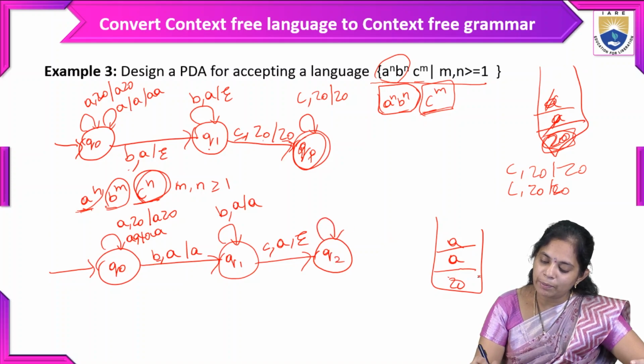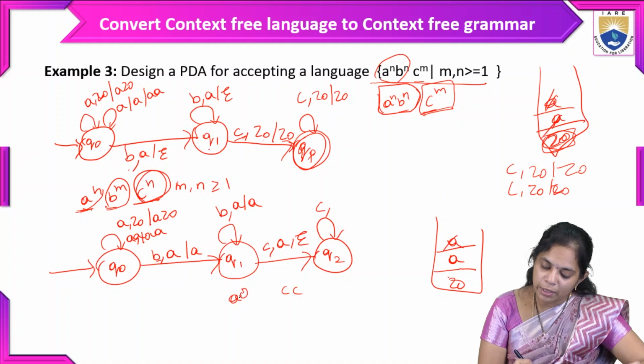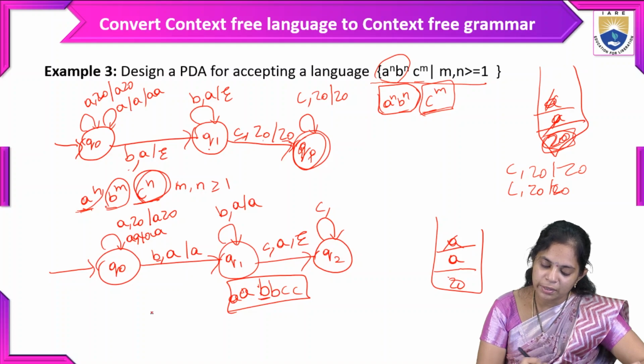And for multiple C's, we need to write multiple C's. Suppose the input string is A power n, AA, then B, then CC. For AA we just push the values, and for B we just read it and do nothing.